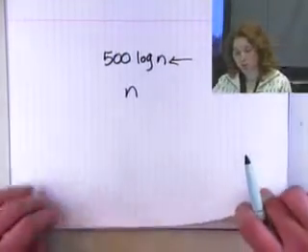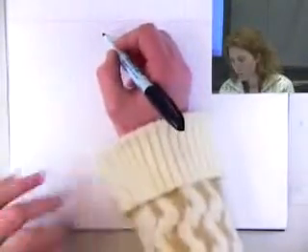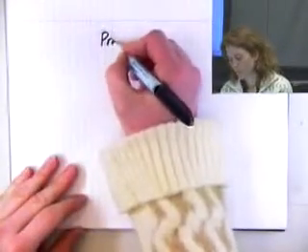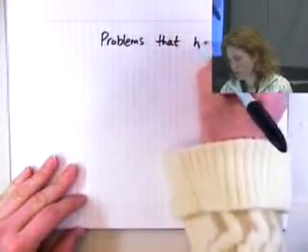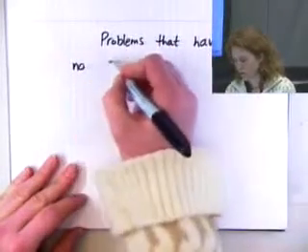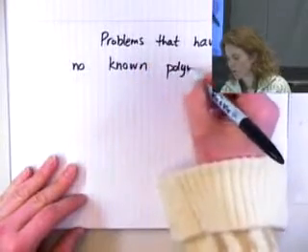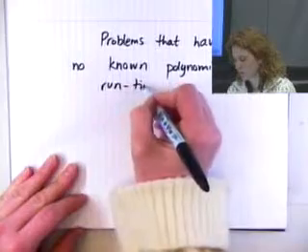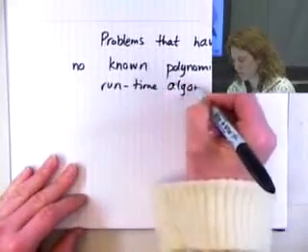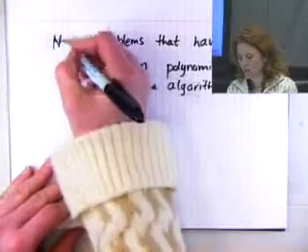But there are problems. Just to give you a little introduction, one of the reasons why we have big O is there are problems that have no known polynomial runtime algorithm. They're called NP hard.